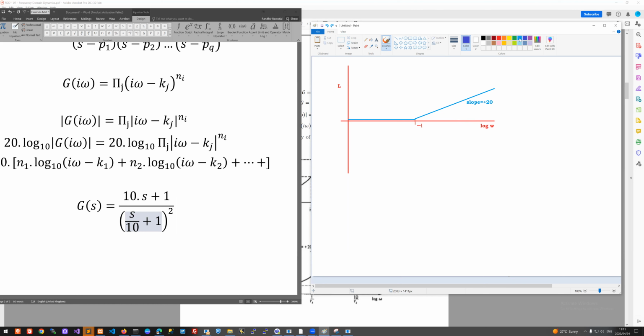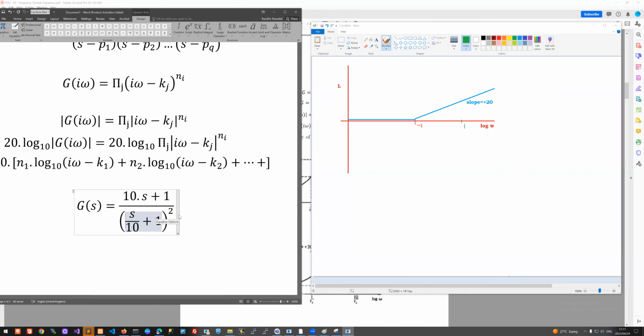So the crossover is at a 1. And now this is a lag, right? So this one is going to start at 0, and at the crossover, it goes down at a slope of -20. But there are actually 2 of them.